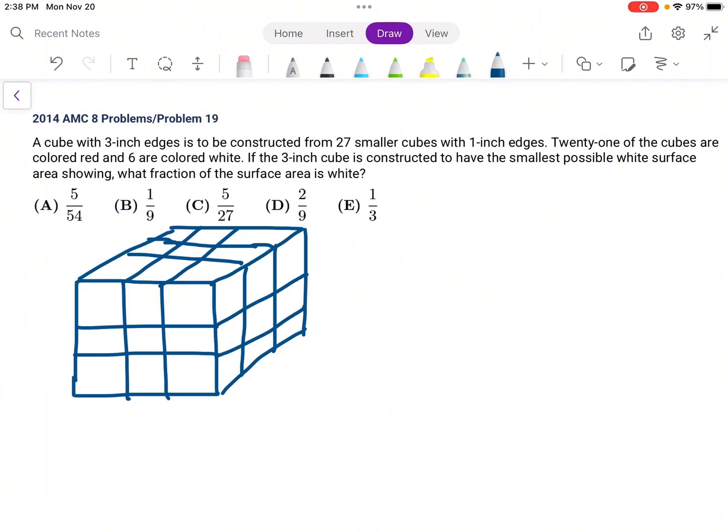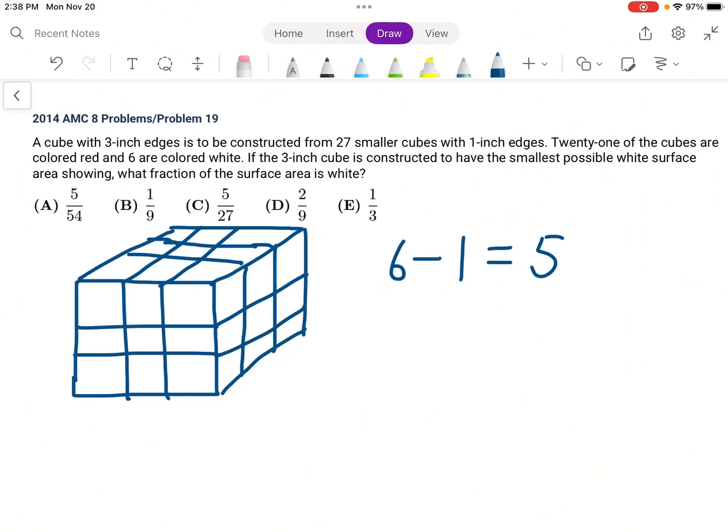Therefore, if we want the white surface to show as little as possible, then one of the white colored cubes should be in the center. So that leaves us with 6 minus 1 equals 5 white cubes to be placed on the surface area.